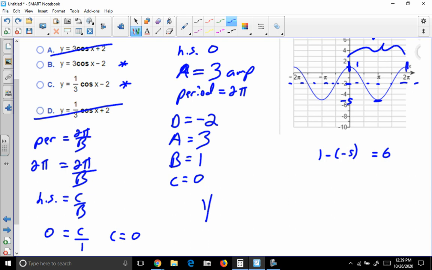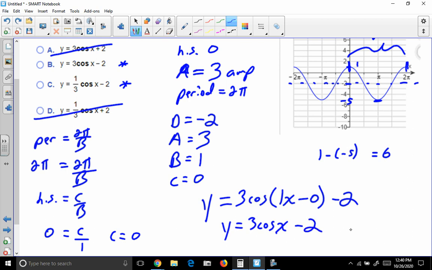So if we write our function, y equals A cosine (Bx minus C), and then plus D. We don't have to put the parentheses because we can drop the 0. The coefficient of x is 1. We don't necessarily have to write that. And then we can put the minus 2 in. So 3 cosine x minus 2, that would be B. So that's another task that you need to be able to do for the test. Look at a graph and determine the equation of it.